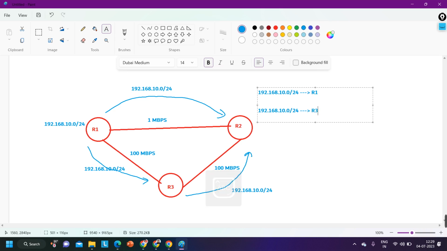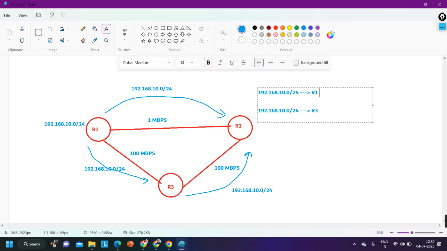Now router 2 needs to find which one is the best path. So how will it find which one is the best path? First of all, it will compare the prefix length. The prefix length is the same. Then it will check the AD value. The AD value will also be the same because both sides are receiving from the same routing protocol. The same routing protocol will have the same AD value.